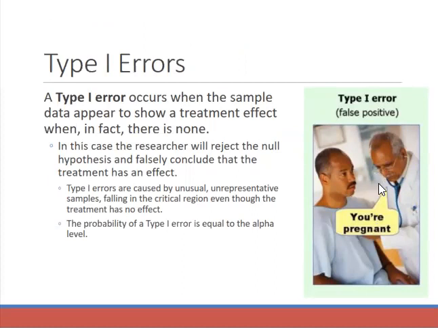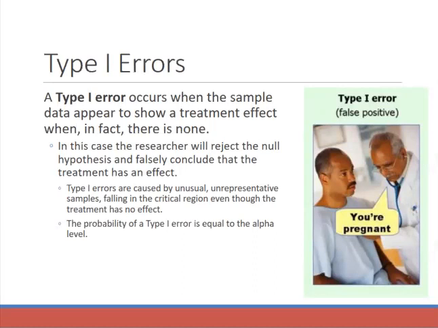So this is essentially a false positive. This is the doctor checking out this guy saying you're pregnant, right? Obviously wrong. You've set up a hypothesis test so that this is very unlikely. And the likelihood of this happening is your alpha level. So you get to determine how much risk you're willing to accept, how willing you are to allow for this possibility of a false positive.